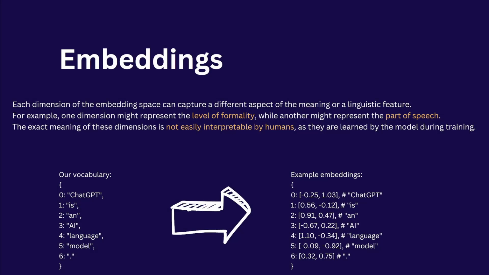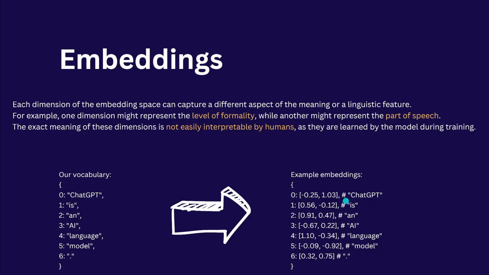These vectors can be processed by the model to understand the relationships between the tokens. So in this example, the sentence "ChatGPT is an AI language model" would be represented by the corresponding embeddings of each token in the sentence.